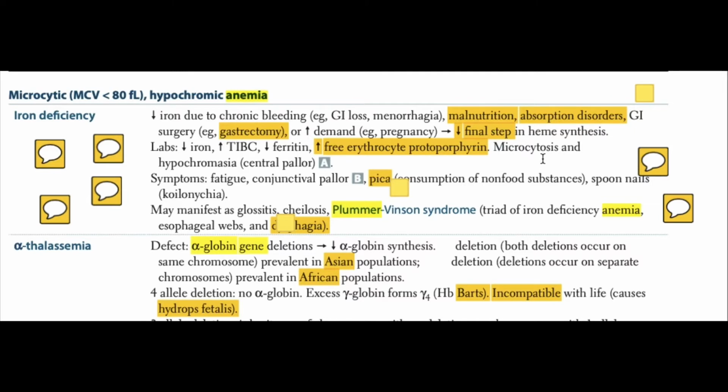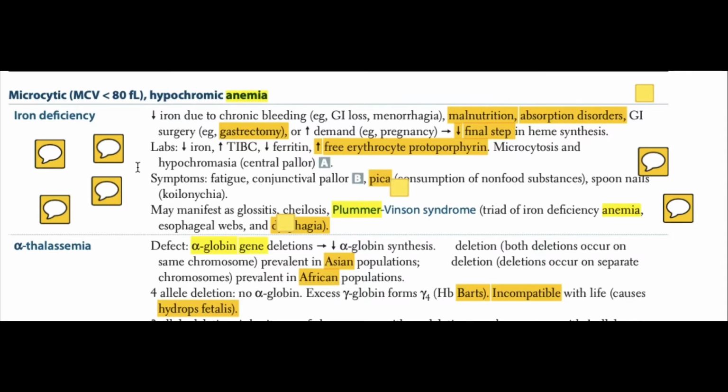In hemoglobin, each subunit contains a heme group and each heme group contains an iron atom that is able to bind to one oxygen molecule. So when there is a decreased amount of iron in heme, that means a decreased amount of hemoglobin.